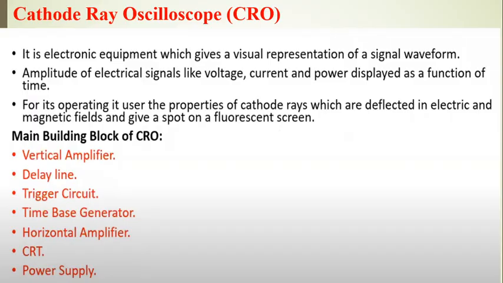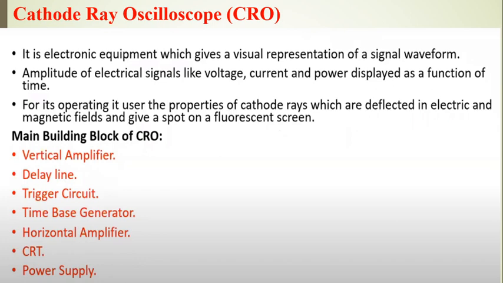Now, the cathode ray oscilloscope CRO is electronic equipment which gives a visual representation of a signal waveform, the amplitude of electrical signals like voltage, current and power, displayed as a function of time. For its operation, it uses the properties of cathode rays, which are deflected in electric and magnetic fields and give a spot on a fluorescent screen.